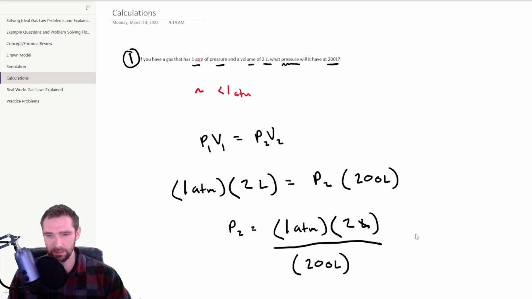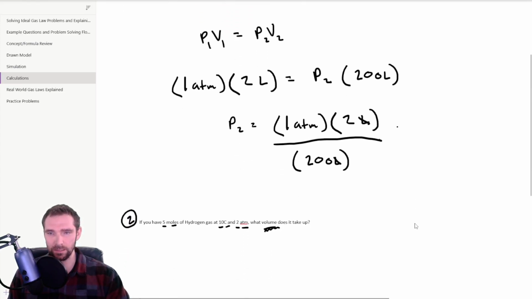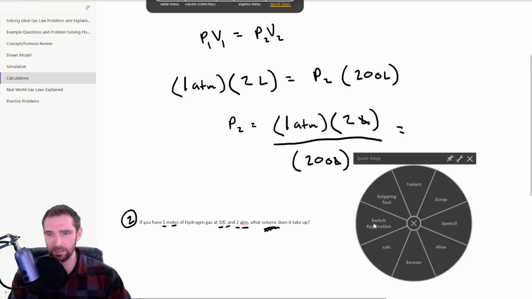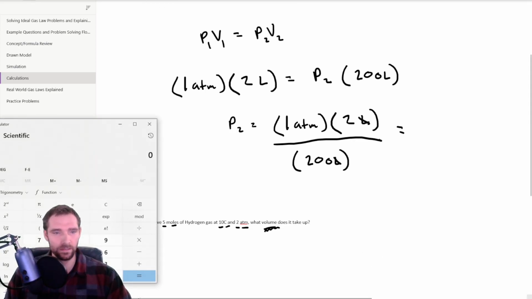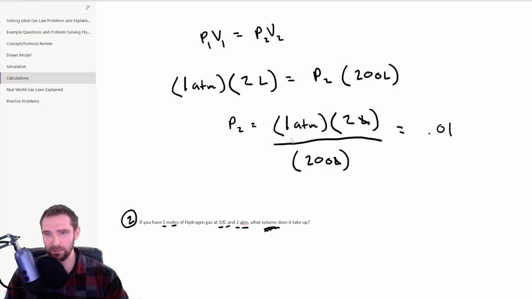So now our units cancel out. We're left with atmospheres, which is good, and we can just do a little calculator work, right? And we can solve for that. So 1 times 2 is 2, divided by 200 is 0.01 atmospheres, or 1/100th of an atmosphere.